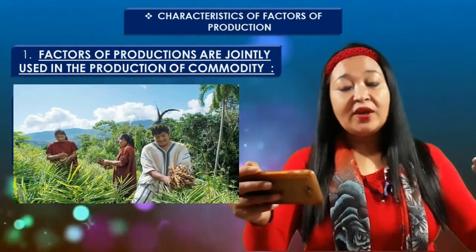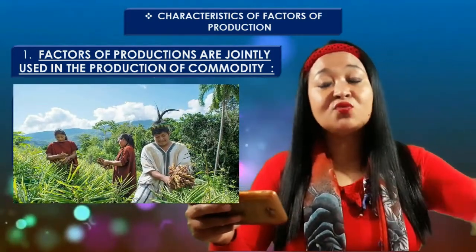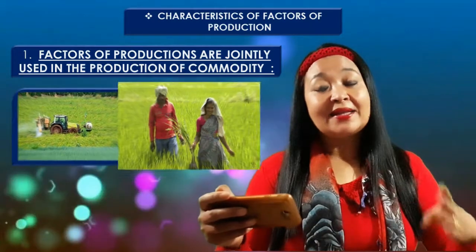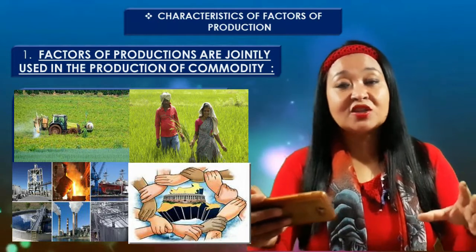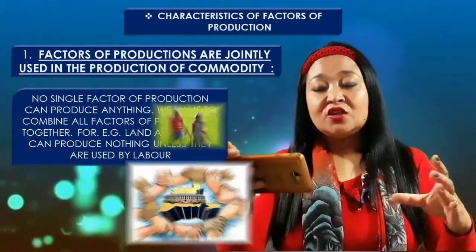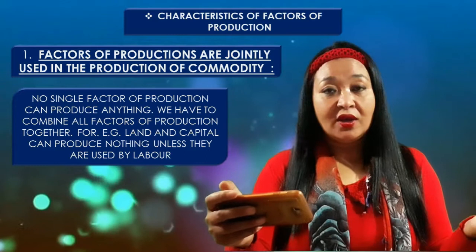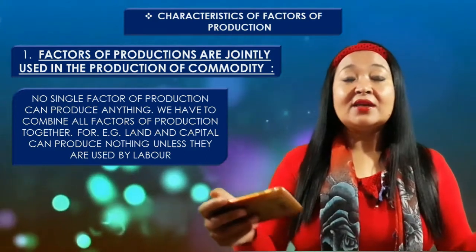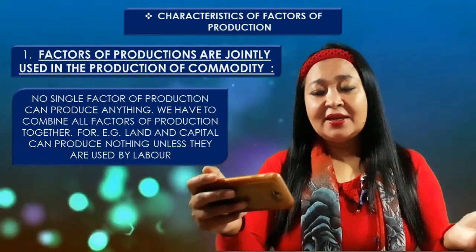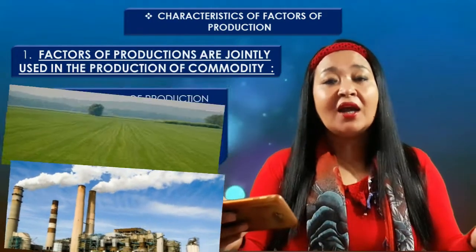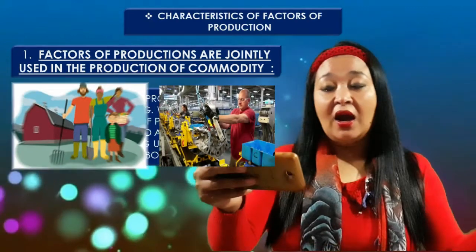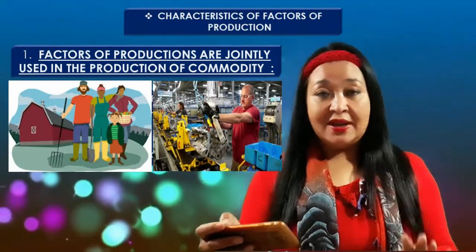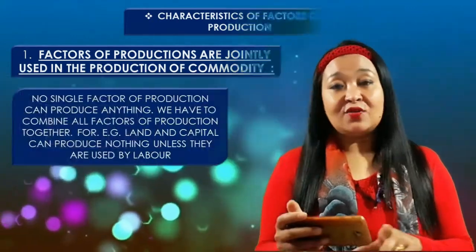We have to combine all four factors of production, that is land, labor, capital, and organization, together to produce anything. For example, land and capital can produce nothing unless they are assisted by labor, or unless they are used by labor. Okay, so that's the first characteristic.